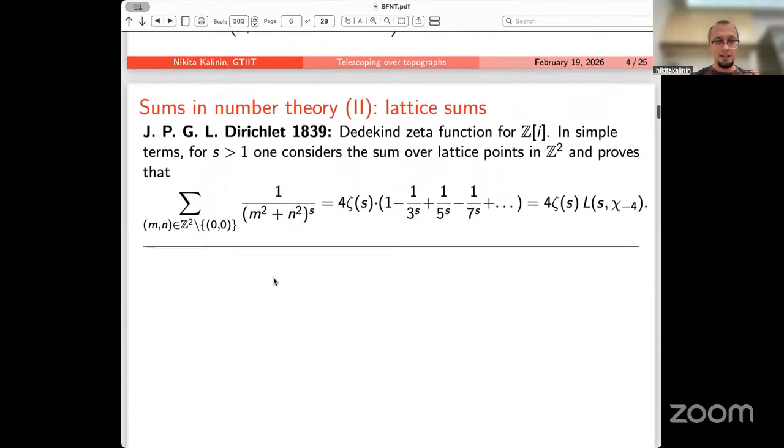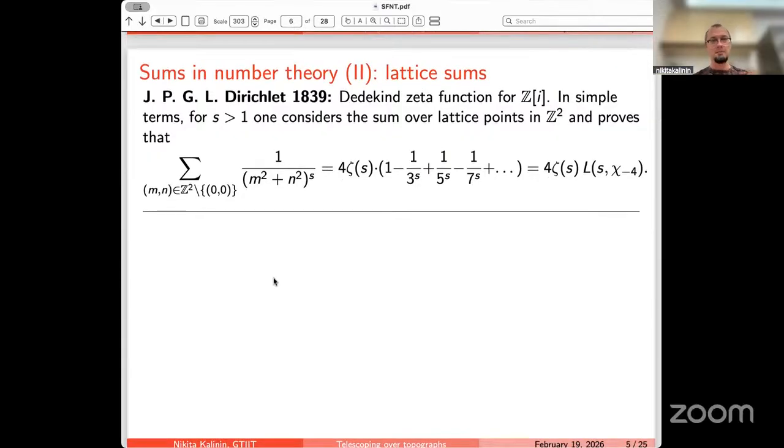Okay, and then what else? Besides summations over integers, you can consider summations over the lattice. Well, you can also think of the Dedekind zeta function for Gaussian integers, or you may take a sum over just the lattice.